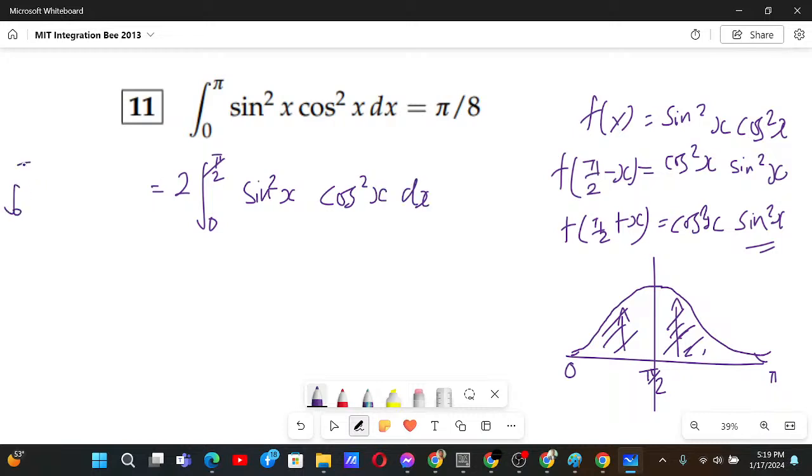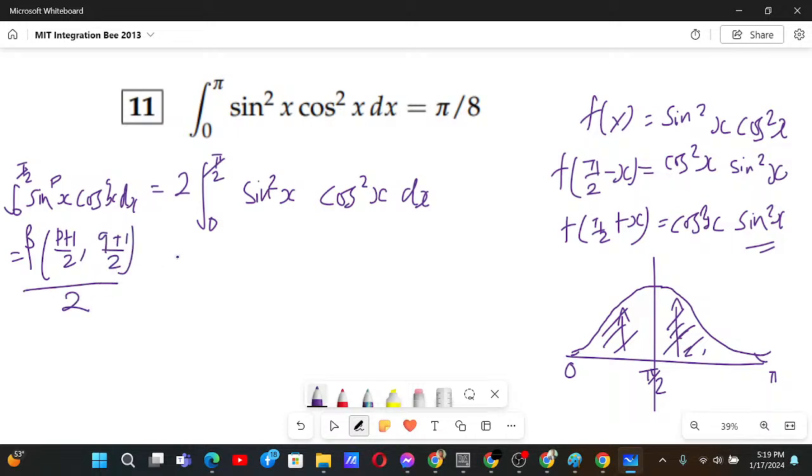The beta gamma function says that the integral from 0 to pi by 2 of sine to the power p x cos to the power q x dx will be equal to beta of (p plus 1) by 2, (q plus 1) by 2, all divided by 2.